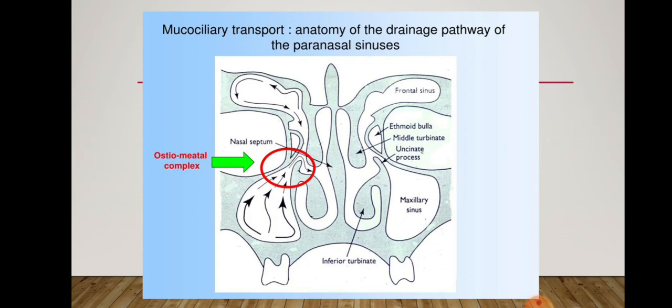Since the maxillary air sinus has to drain against gravity, it is more prone to infection. And if there is any infection in the frontal sinus, the infection tends to spread to the maxillary sinus easily because of its location, and since it has to drain against gravity, it is prone to infection.